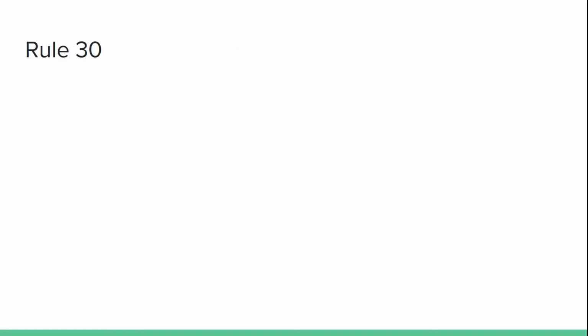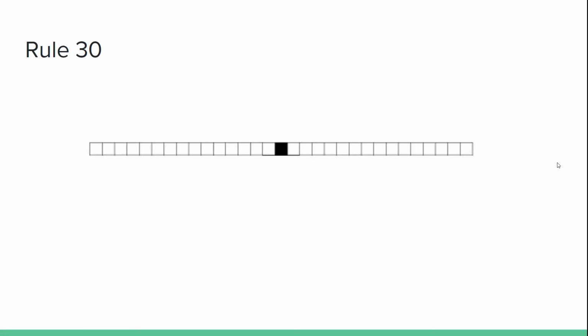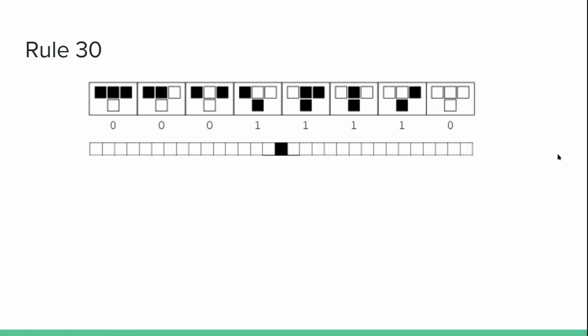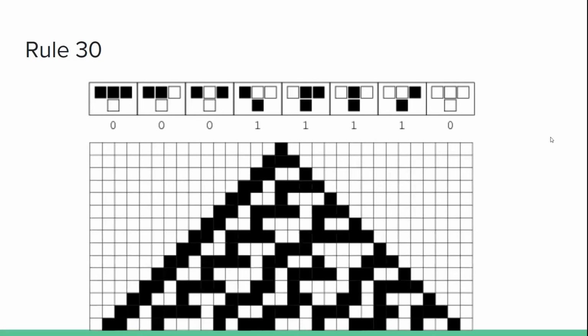Another good way of generating random numbers is using cellular automata, and one cellular automaton that's particularly good at this is Rule 30. So how Rule 30 works: first, you have a row of infinite white squares with a black square in between them. By following a set of rules, these 8 rules listed here, you can generate every row after the first row, row by row, until you generate the entire diagram.